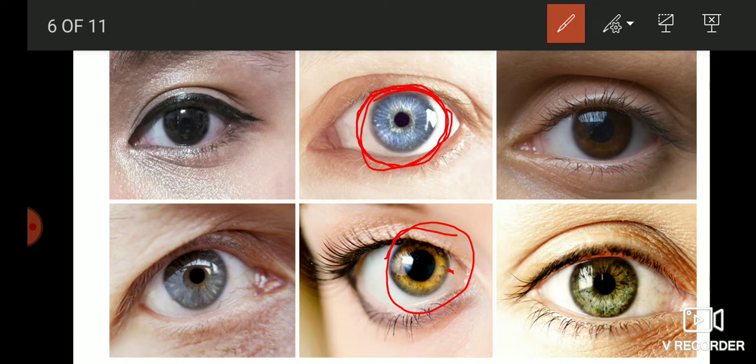When we are in dim light, the iris contracts and the pupil hole size becomes bigger so that more light can enter. And when bright light falls into our eyes, automatically the pupil hole size becomes smaller so that less light enters our eyes.